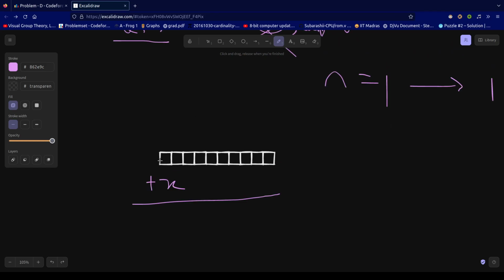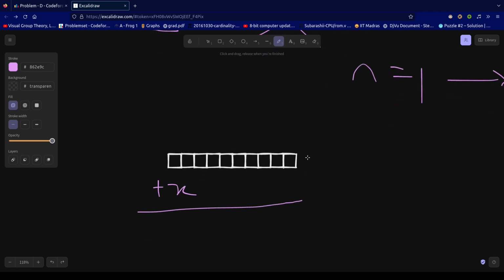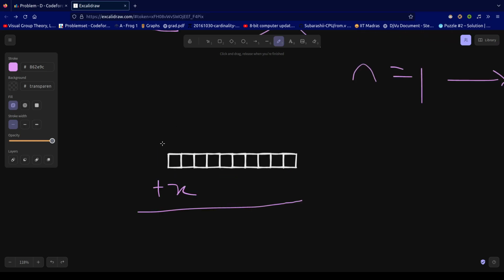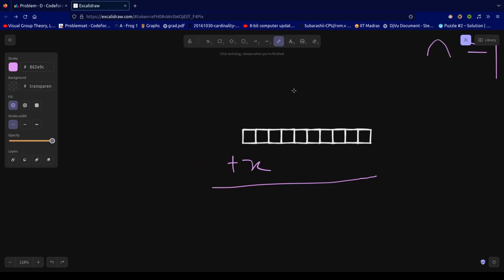Now we'll look at this particular problem over here. So I have this array, n is greater than 1, and I have to add some integer x to all the elements of the array. Based on this we'll see what happens. The point is this: it's a sorted array. So let's think about this. Say one might be possible.